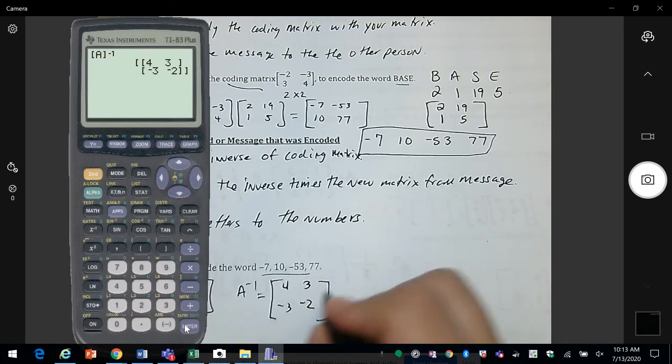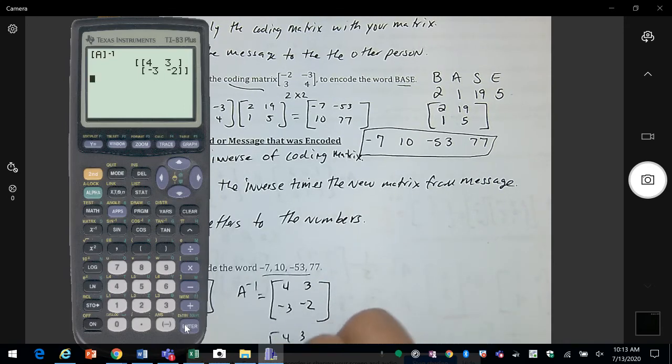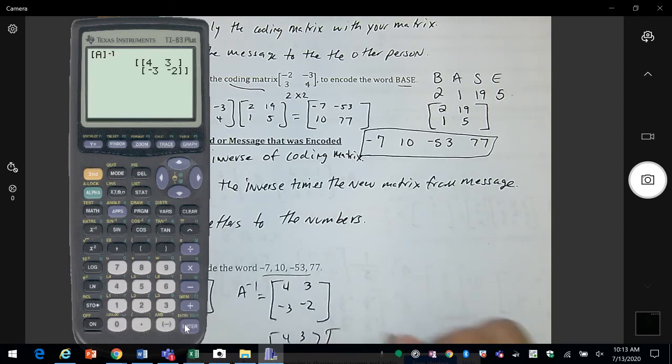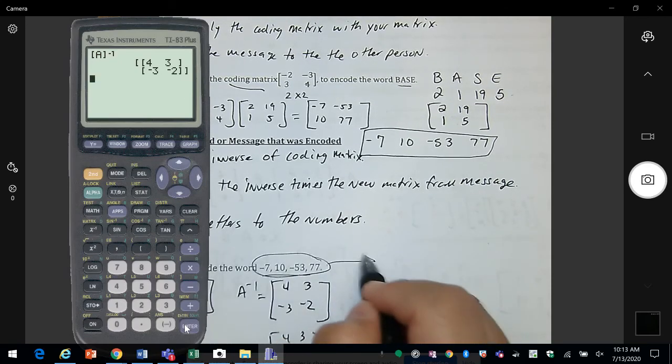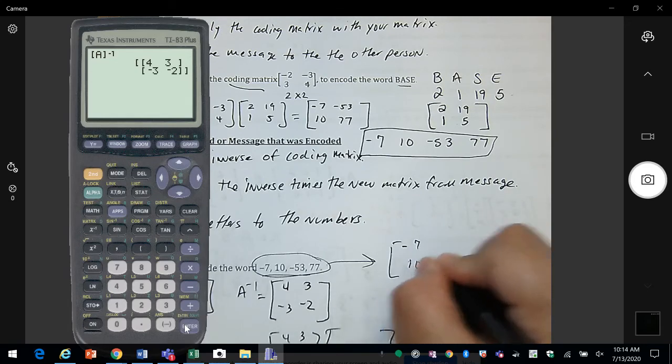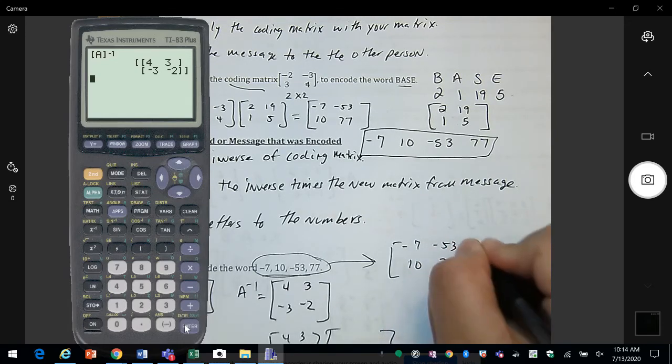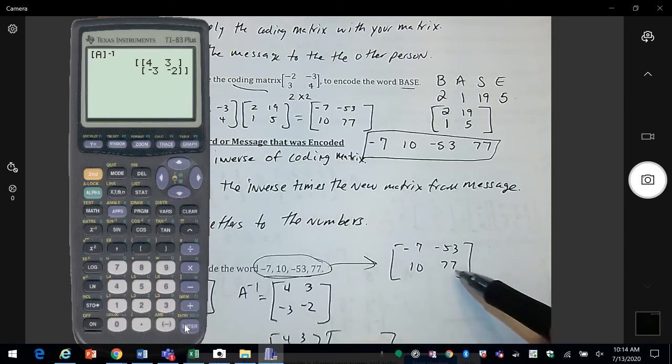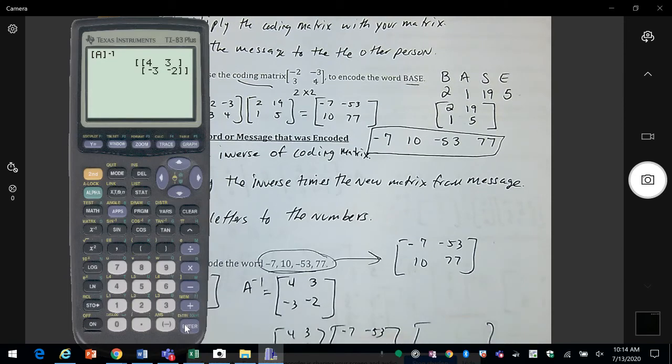So then we're going to take this inverse, 4, 3, -3, -2, and multiply it times a new matrix. So we can create a new matrix here. And again, you want to write these numbers the same way you would normally do. So I'm going down. Let me input these numbers. I need to create a new matrix over here. I'm going to go to C. And this would be a 2 by 2.